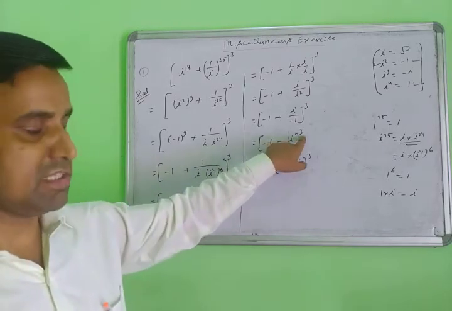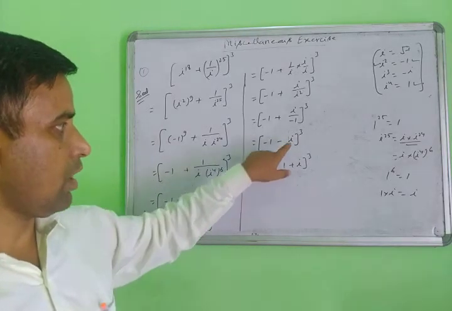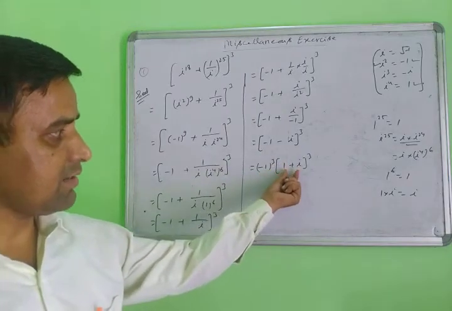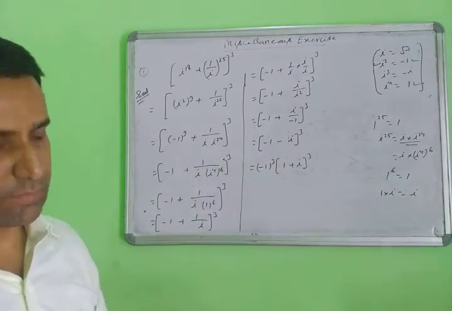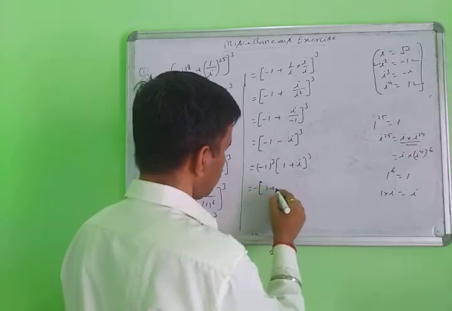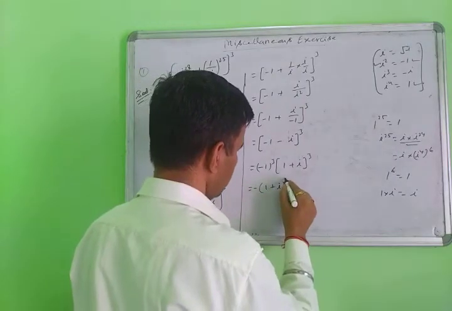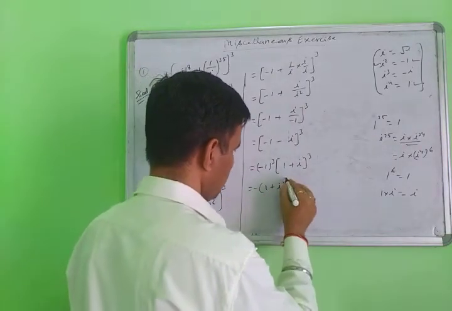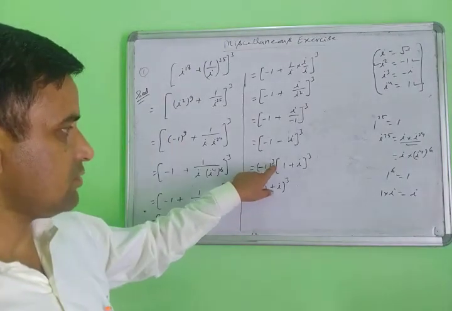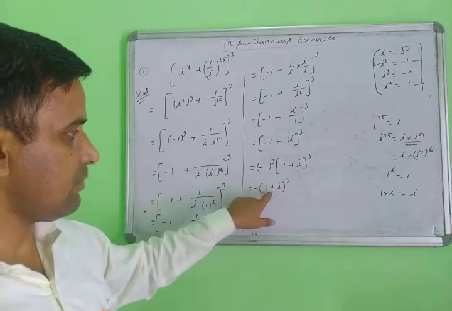The whole exponent is 3, so you write the exponent 3 outside. Inside, 1 plus iota with whole exponent 3 is left. Minus 1 exponent cube means the minus sign, and 1 plus iota whole cube is left.